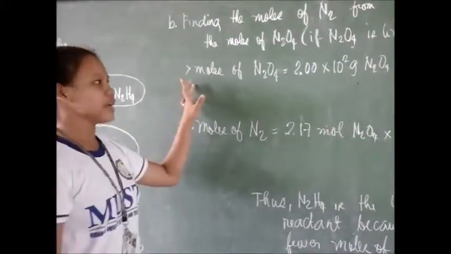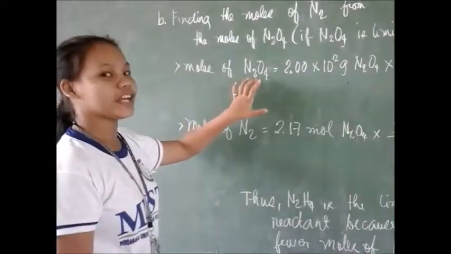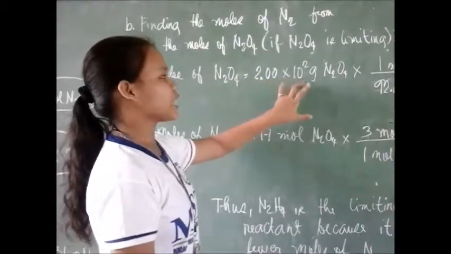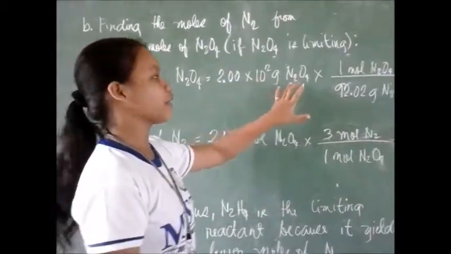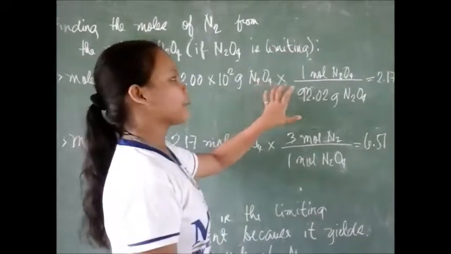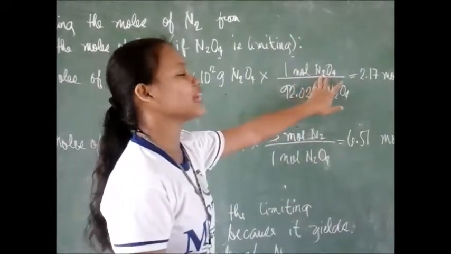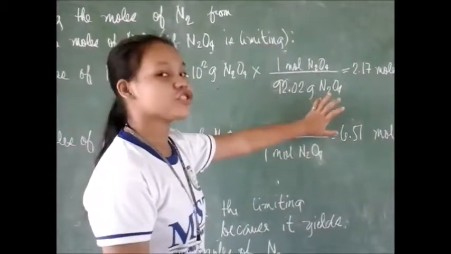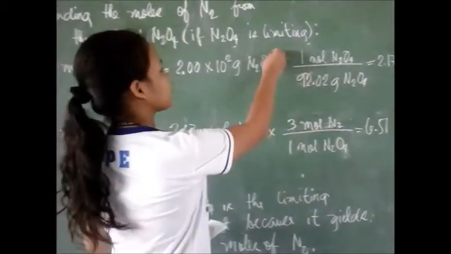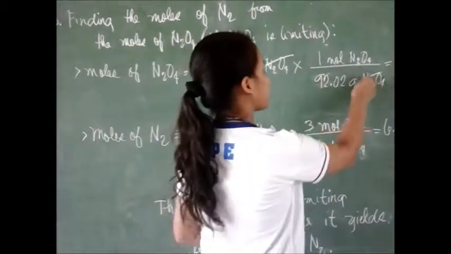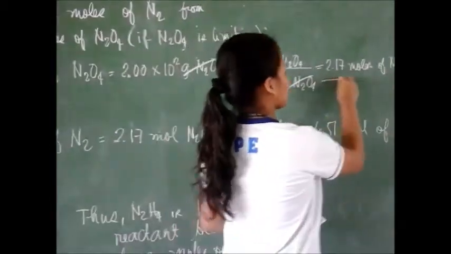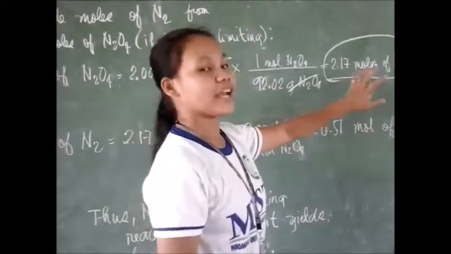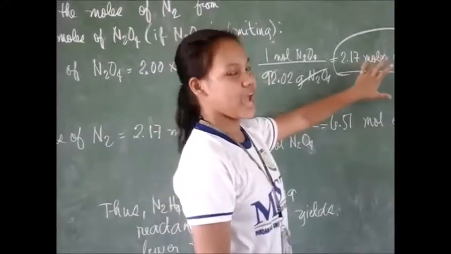First to do is to find the moles of dinitrogen tetraoxide by multiplying 2 times 10 to the power of 2 grams of dinitrogen tetraoxide by 1 mole of dinitrogen tetraoxide over 92.2 grams of dinitrogen tetraoxide. These grams of dinitrogen tetraoxide will be cancelled and 2.17 moles of N2O4 will be the answer.